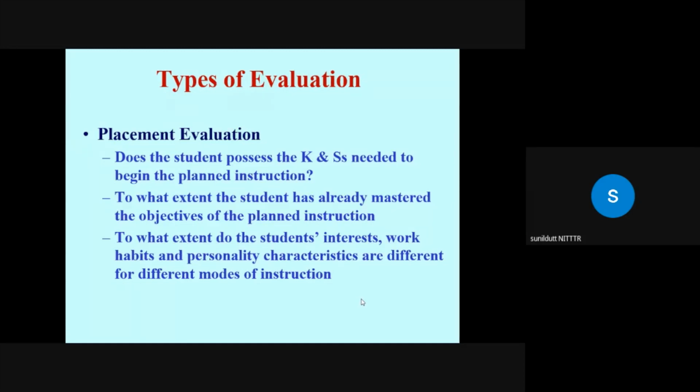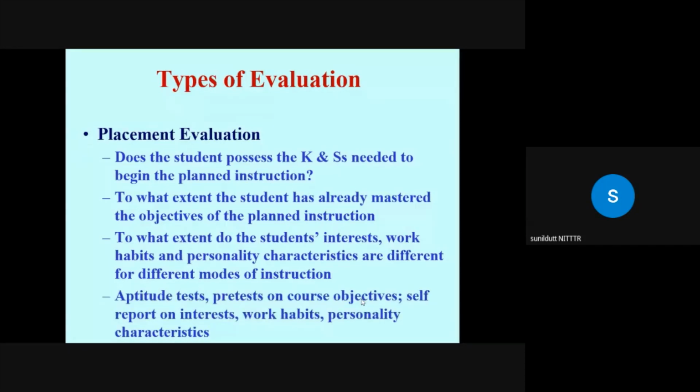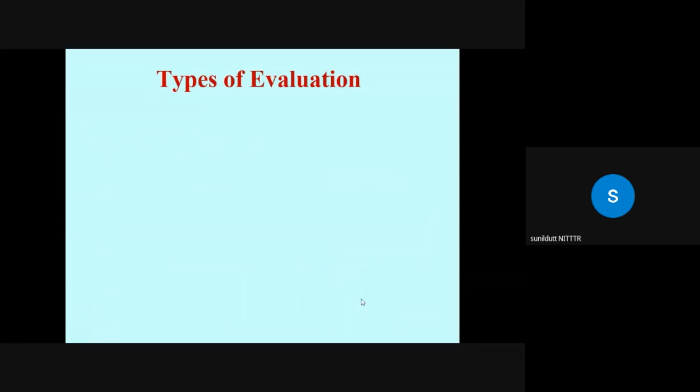So you cannot do it for everyone individually, but keeping in mind the average style of learning, you can make some changes in your teaching plan. So for this, aptitude test, pre-test on course outcomes, self-report on interest, work habits, personality characteristics, learning style, these tools can be used to know whether the students are ready for receiving new learning or not. Then comes the formative evaluation.